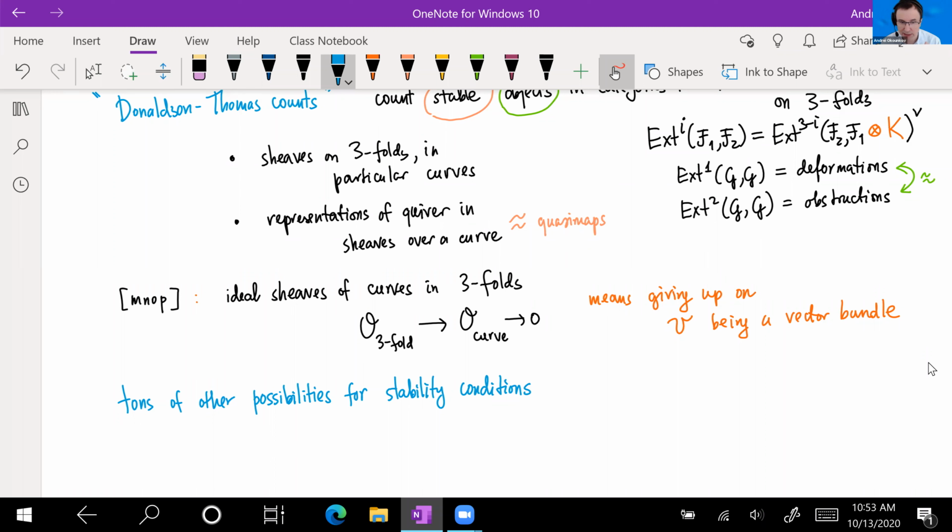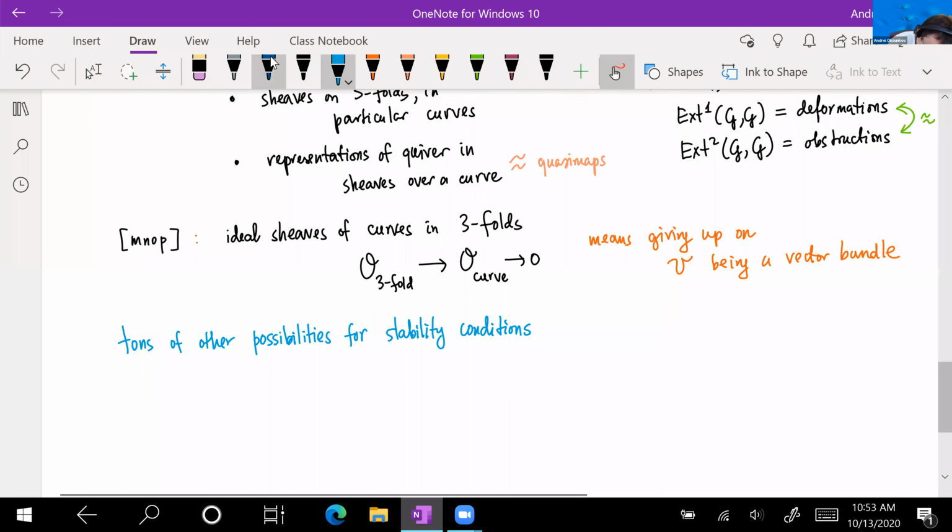Maybe I'll talk about that in a second, but since you may wonder what the difference between them would be, there's a general expectation.